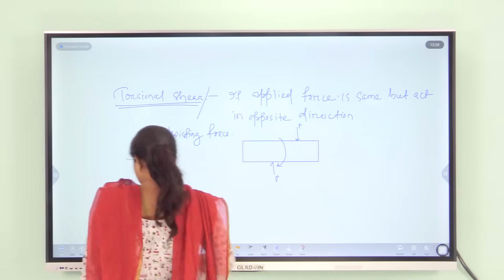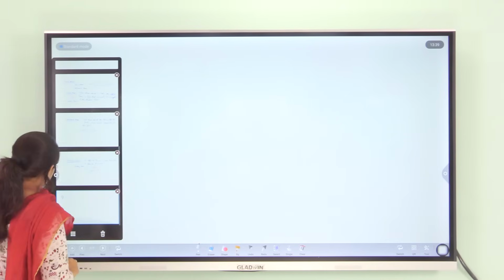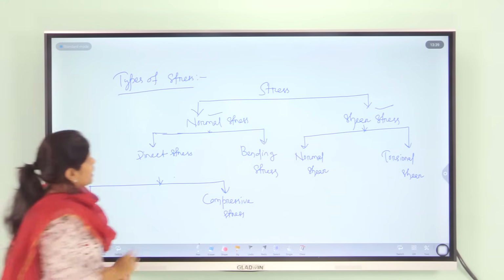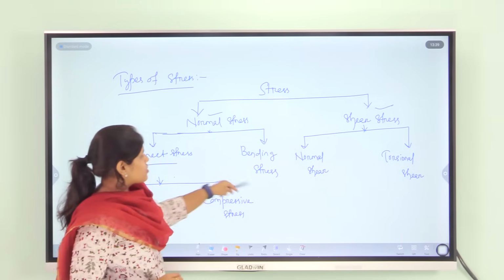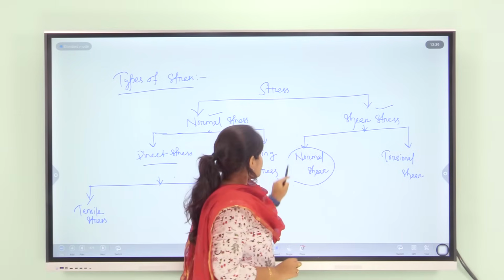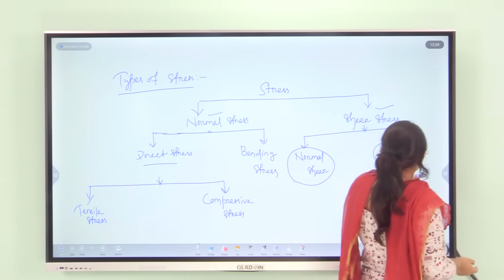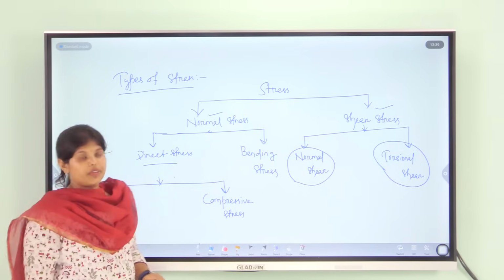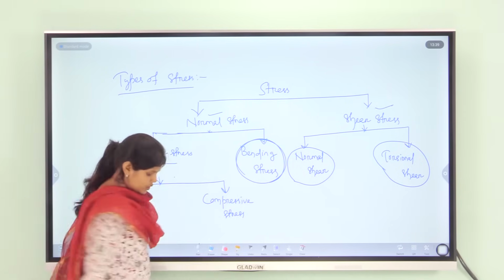So, now what we have learned here: normal stress, shear stress, direct stress, bending stress. Shear stress is normal stress, and torsional shear, also tensile stress and compressive stress, but one, bending stress, is left.